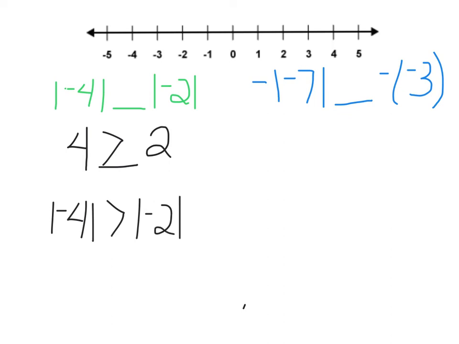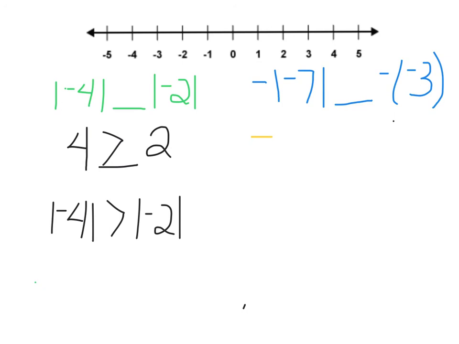Now over here we have the negative of the absolute value of negative 7 compared with the negative of negative 3. The absolute value of negative 7 is 7.